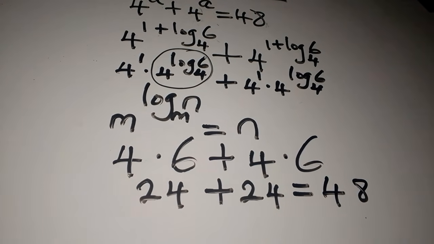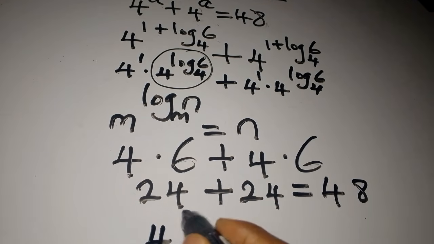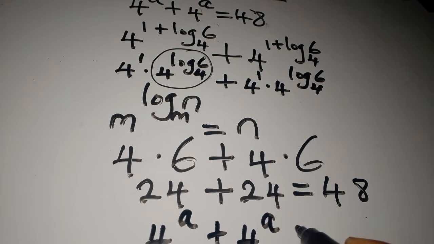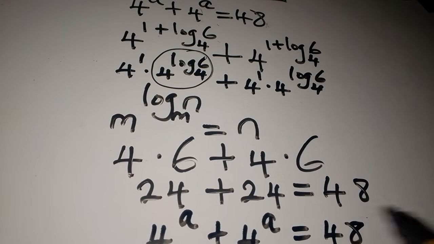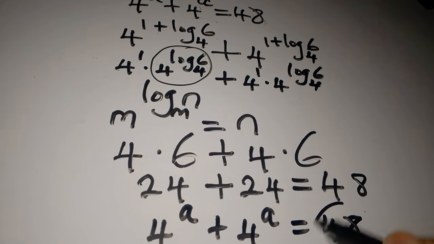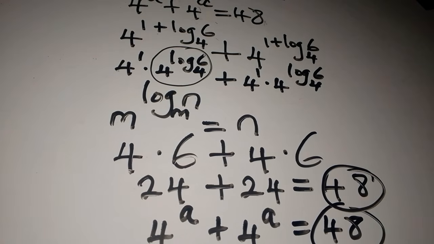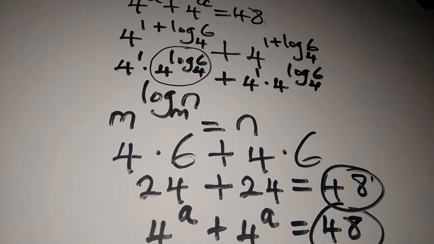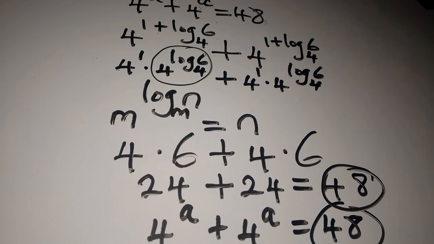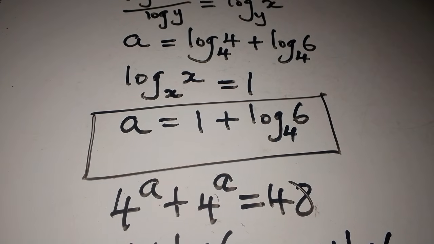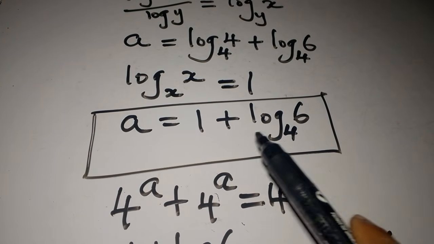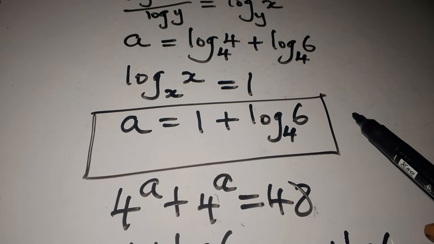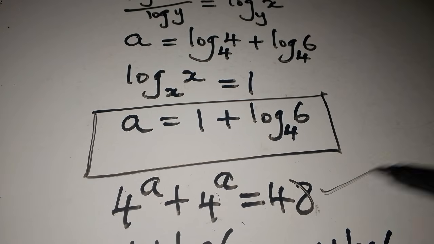So what is the equation that we had again? Our equation was 4 to the power of a plus 4 to the power of a equals 48, right? So we can see that we had the same thing on the other side of the equation. And this means that our value of a, which is 1 plus log 6 to base 4, truly satisfies this particular equation.